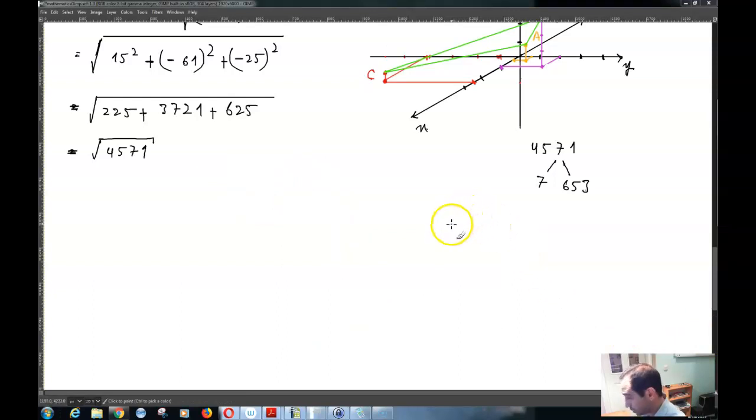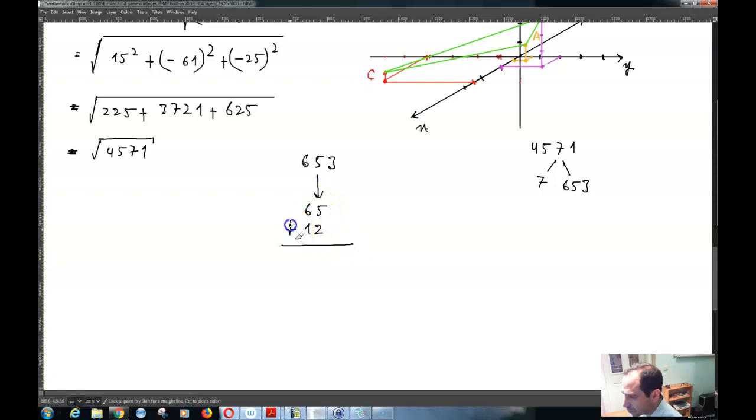Now, you can test the divisibility of the number by 13, for example. So 653. To test the divisibility by 13, you need to add 4 times the last digit to the remaining leading truncated number. So you have 65 if you truncate the number, and then add 4 times the last digit. 4 times 3 is 12.